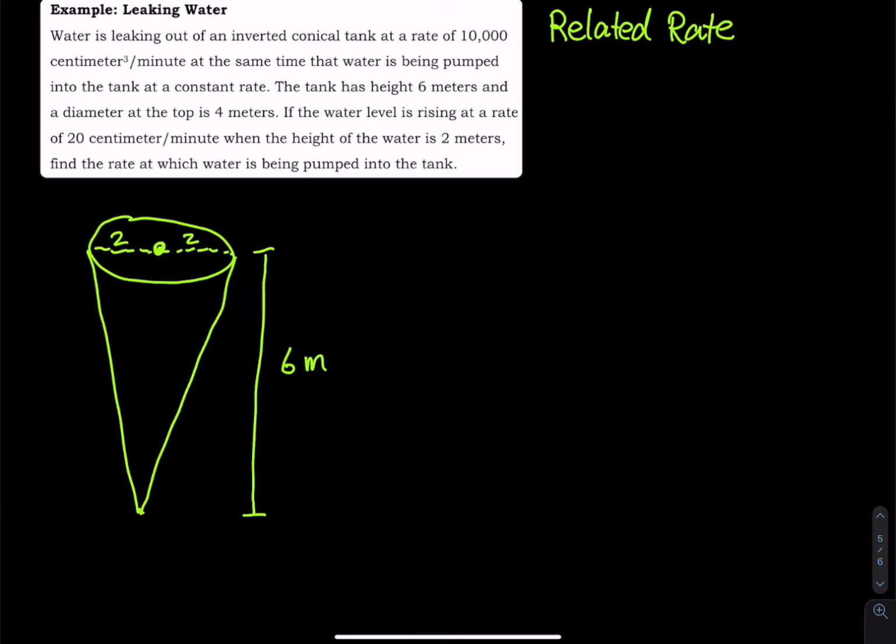Just like other geometry problems, they will give you a time. So at a specific time, they have a height and they have a radius. When the height is 2, that means somewhere in the cone, like at this point, there is a radius and then there is a height.